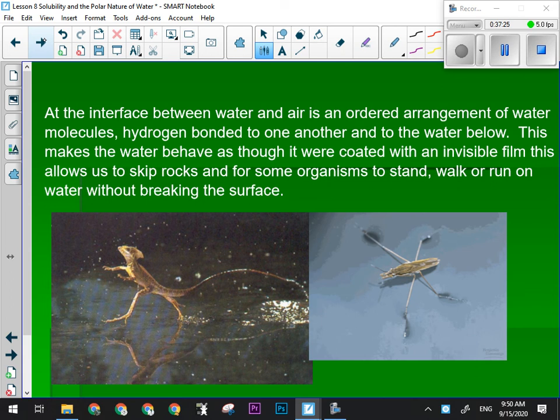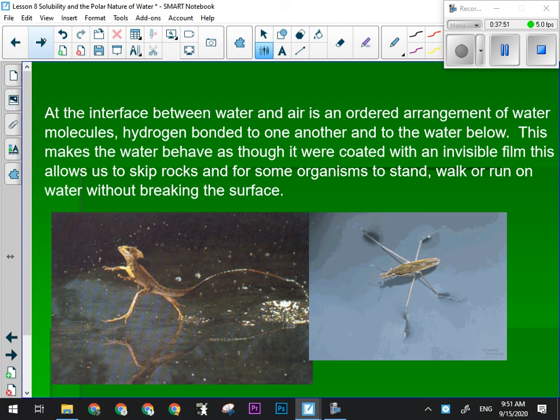And even animals will utilize the fact that water is a polar molecule. If you've ever seen the Jesus lizard, it can kind of run across small bodies of water. It has that weird running gait where it looks like its arms and legs are just going in circles. Because it moves quickly enough, even though it does break the surface tension, it's setting its next foot down before it falls in.